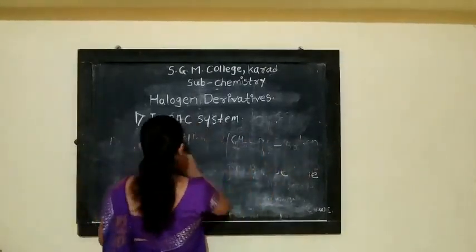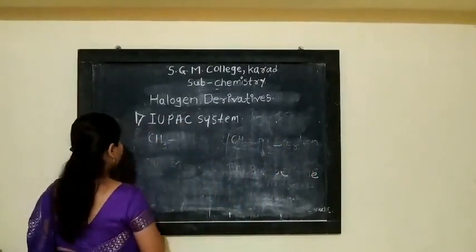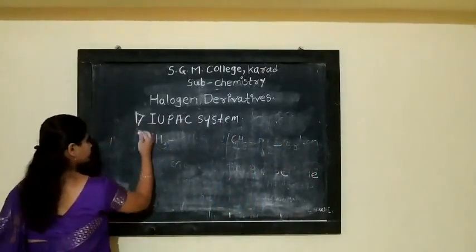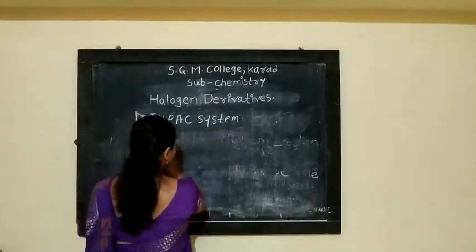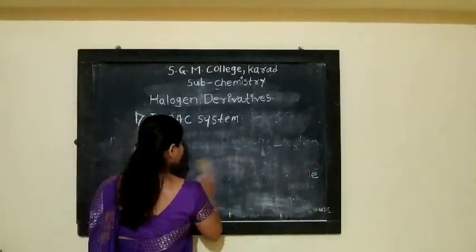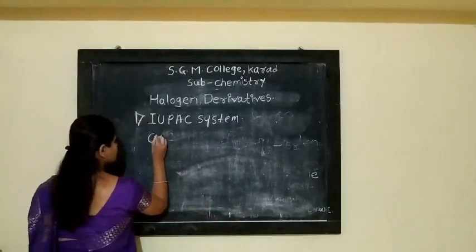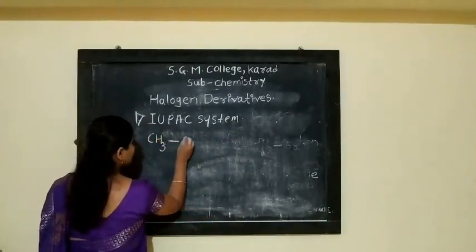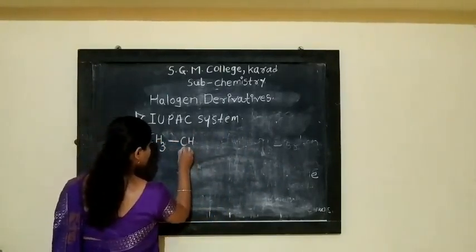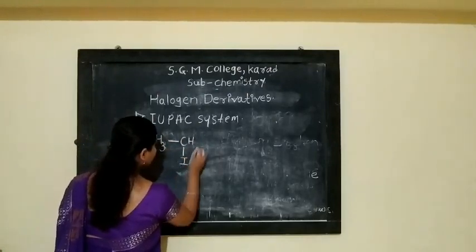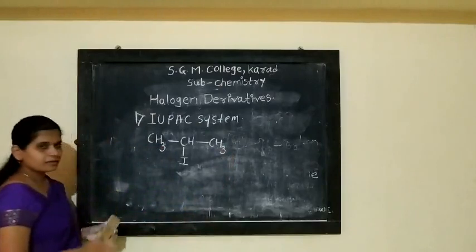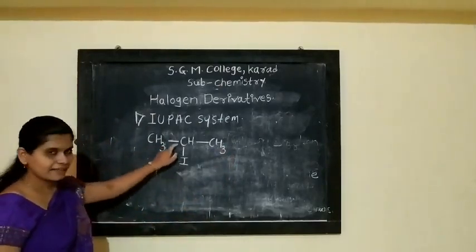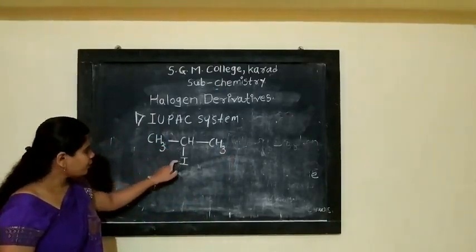Let's take some other examples. CH3CHICH3. Here this iodine atom is attached to the second carbon of that compound.